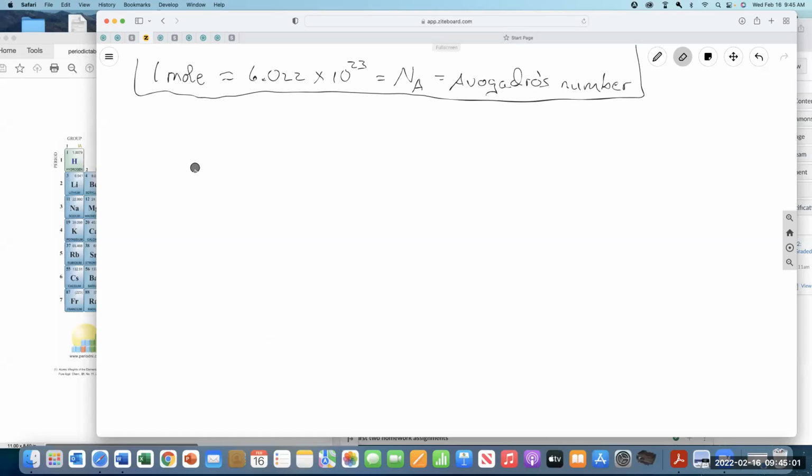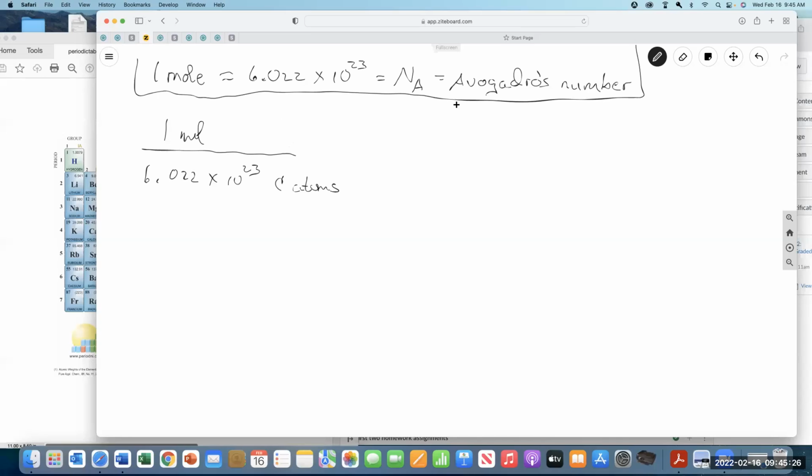Okay. So what this means is 1 mole of carbon is 6.022 times 10 to the 23rd carbon atoms.